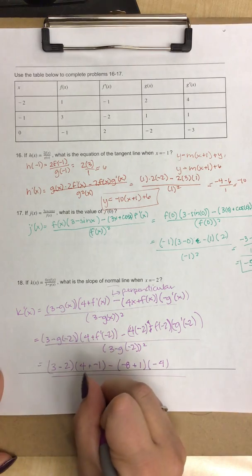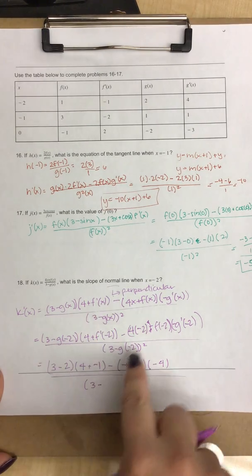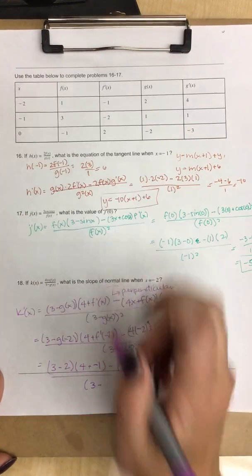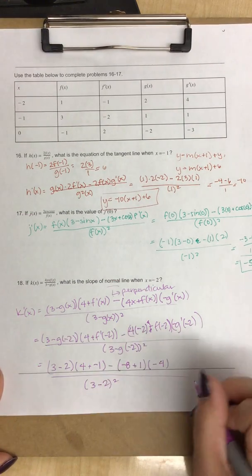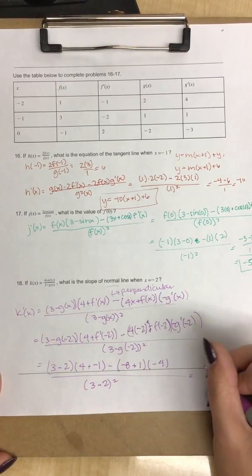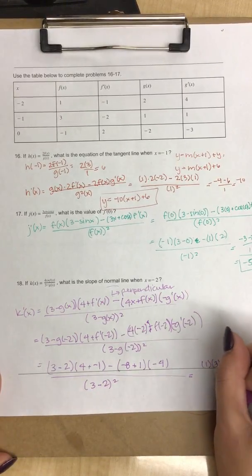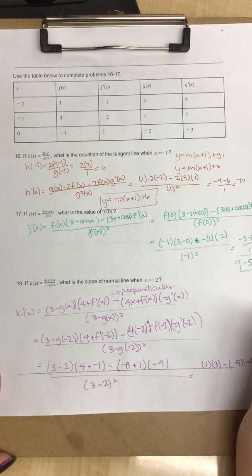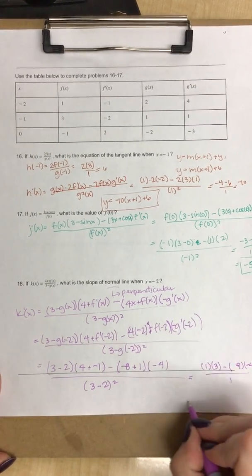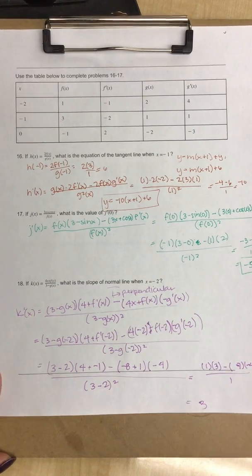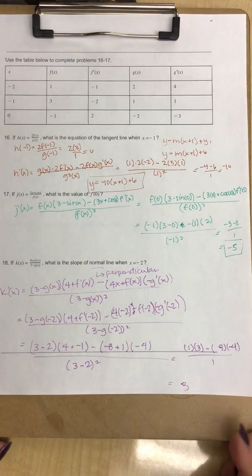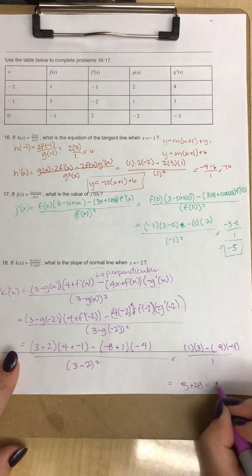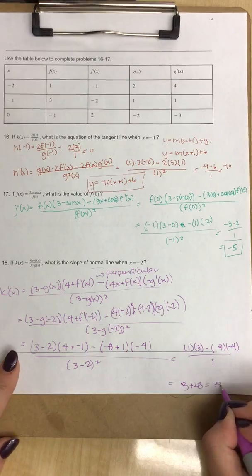All over 3 minus g of negative 2 squared. These are all becoming 1 on the bottom. That's nice. So I got 1 times 3 minus negative 7 times negative 4 over 1. So that's 3 plus 28, which is 31. Cool.